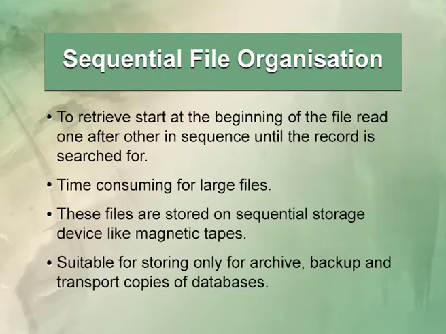To retrieve, start at the beginning of the file and read one after another in sequence until the record is found. Here you can take an example: an audio tape which we were using in the early 80s or 90s. Suppose an audio tape consists of 10 songs, and right now the head is on song 1.